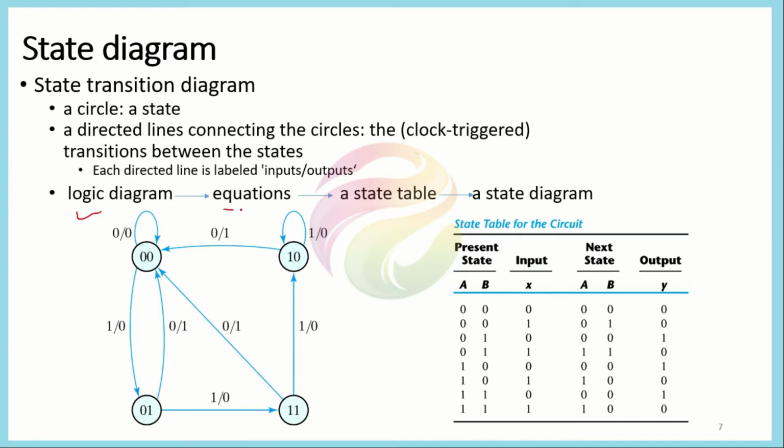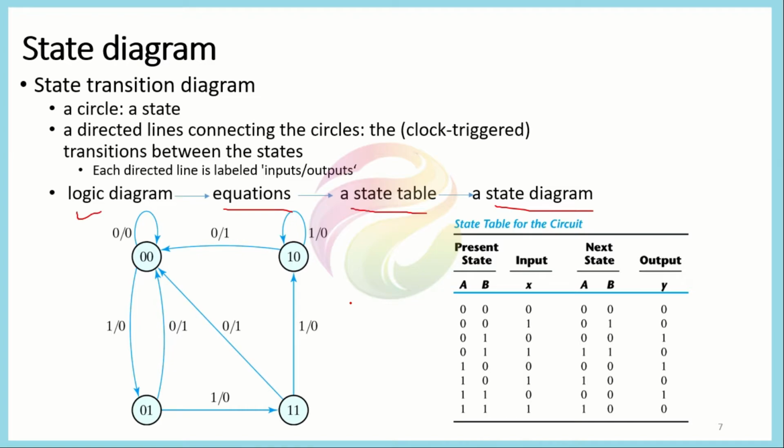Then we derived the equations from that circuit, and after deriving the equations, we derived a state transition table or a state table. And the last step is to design a state diagram. This state diagram is very important because it represents the overall functionality of the system without telling the internal details of the circuitry that is involved in this system.